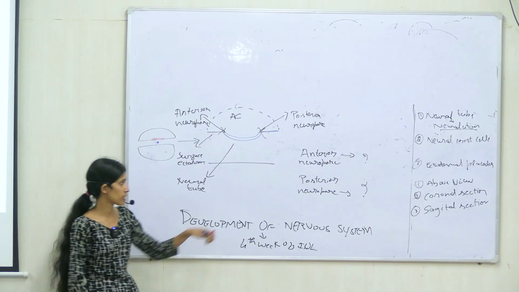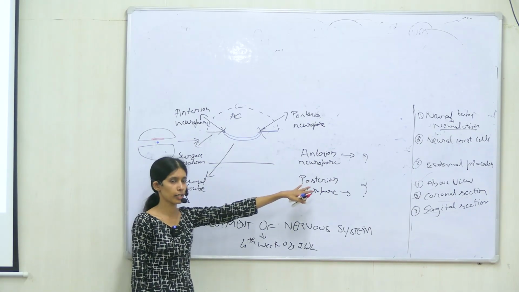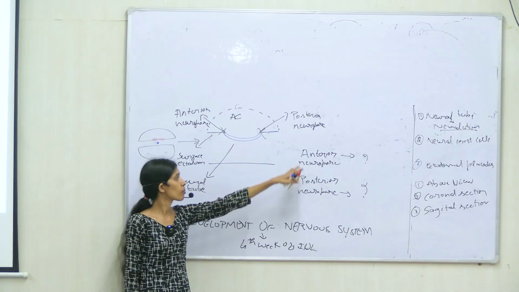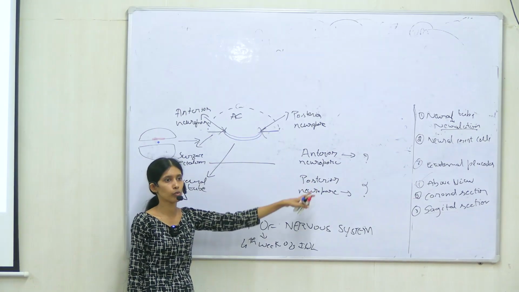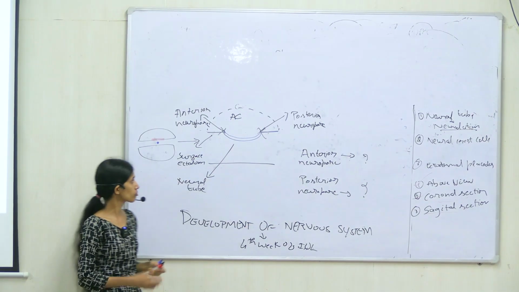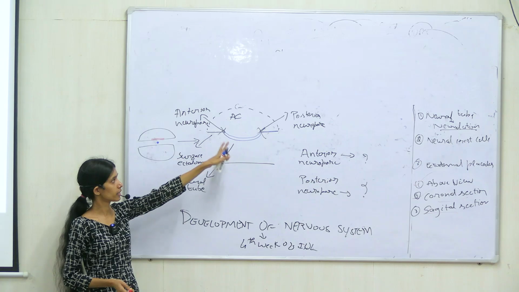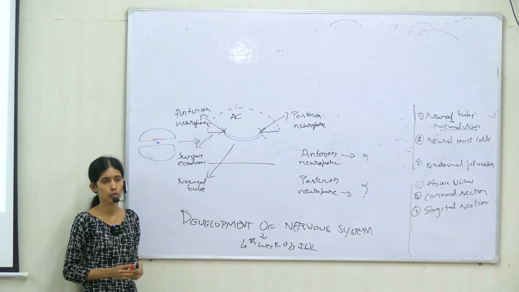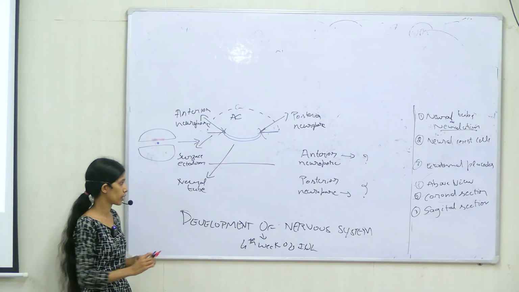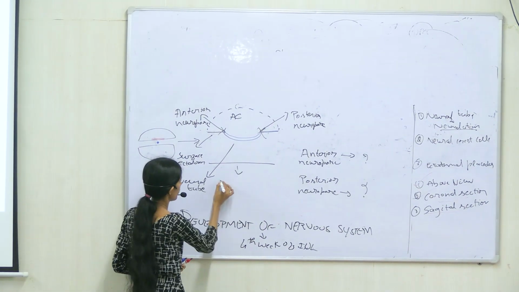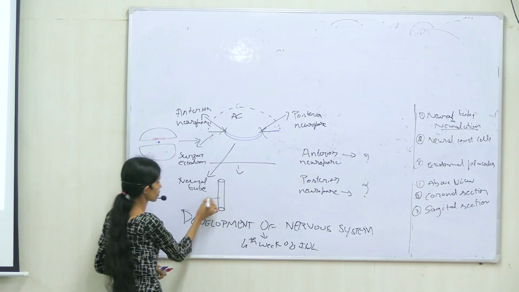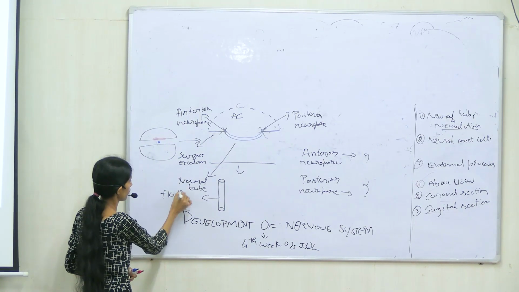Okay. Take this as an assignment question. Find out at which level of somite or on which day your anterior neuropore and posterior neuropore will close. Okay. So once your anterior neuropore and posterior neuropore have no more contact with the amniotic cavity, it will look like a hollow tube-like structure.